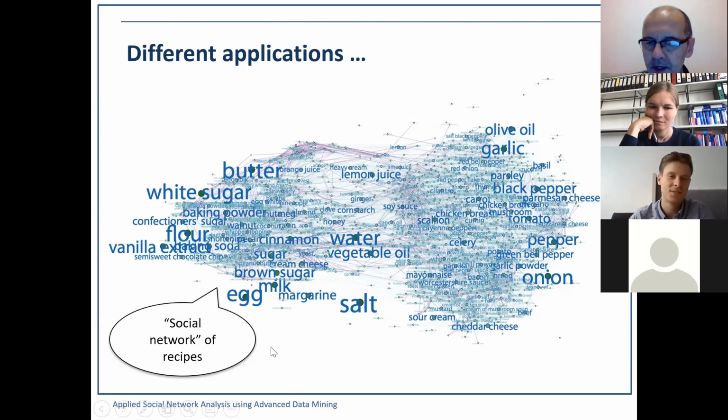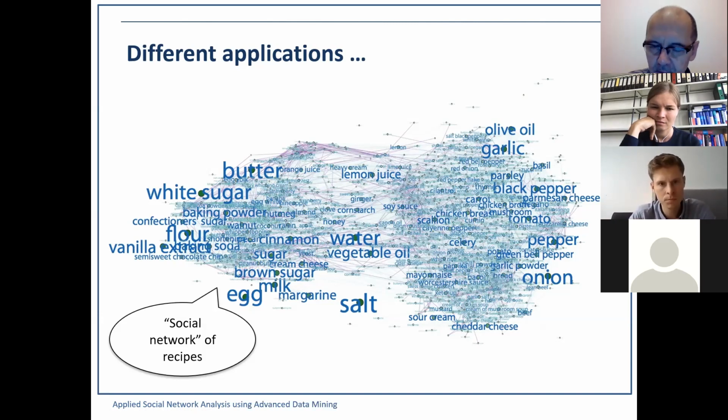We have ingredients. Those are the nodes. We did analyze many recipes, and if we find a recipe where 2 or more ingredients go together, then we establish a link between those ingredients. That's the way we established this social network.